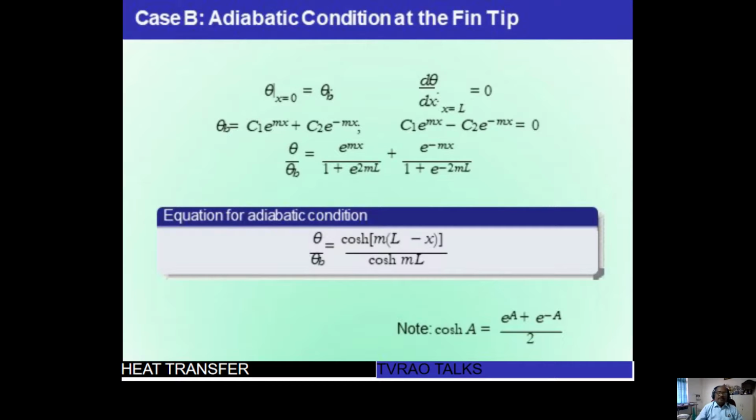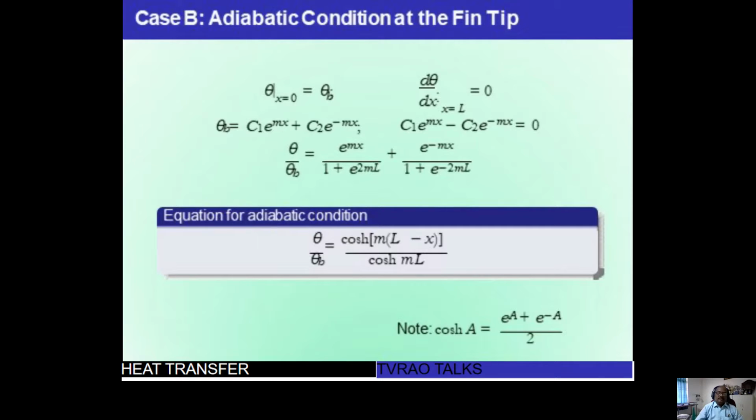If we substitute these two boundary conditions in this equation, we will get an equation like theta by theta naught equal to e to the power of mx by 1 plus e to the power of 2mL, plus e to the power of minus mx by 1 plus e to the power of minus 2mL. This equation we can call the temperature distribution equation.